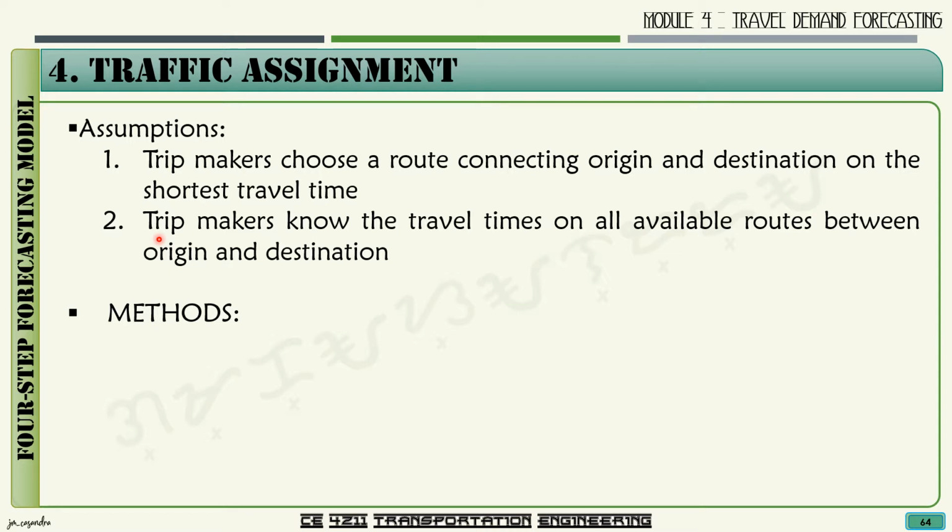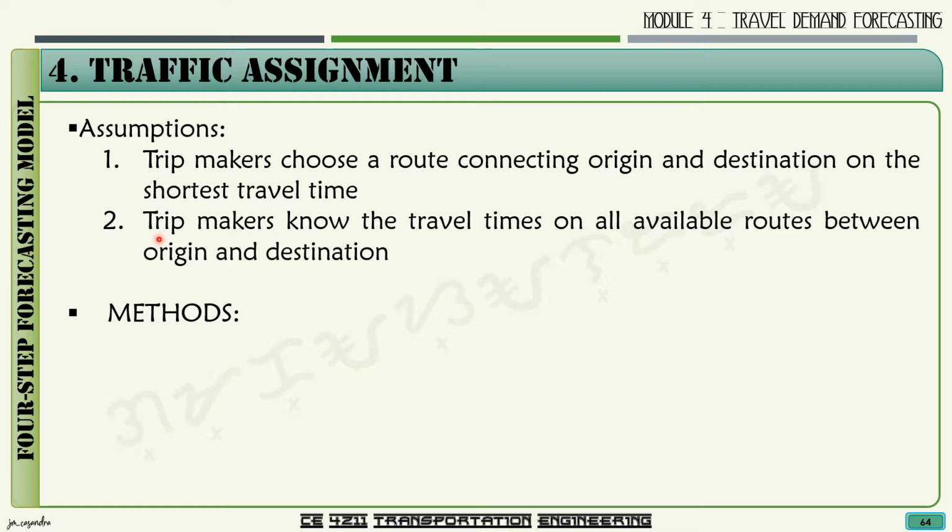Route 2, alam ko na ang travel doon is 50 minutes. Route 3, ang travel doon is 3 minutes. So basically, alam ko kung alin ang pipiliin ko based on the travel times and the situation on that route or that traffic choice.